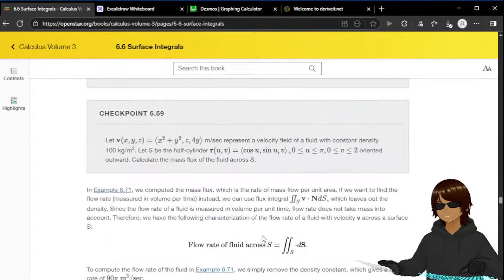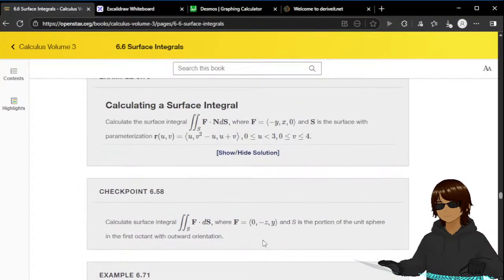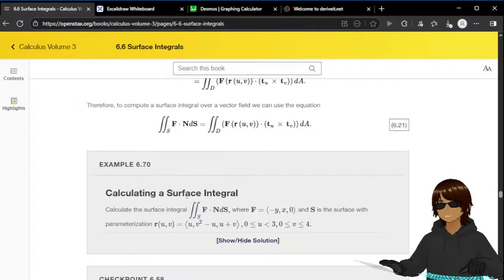Okay, this is the last part. Calculating a surface integral. F is this, r(u,v) is this. Calculate tu and tv and substitute. We substitute these values over here, right?